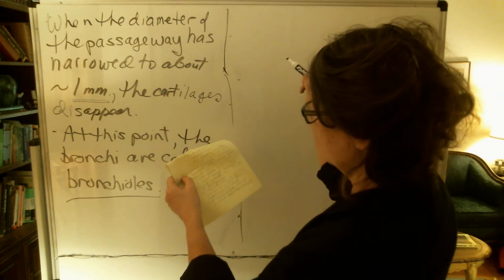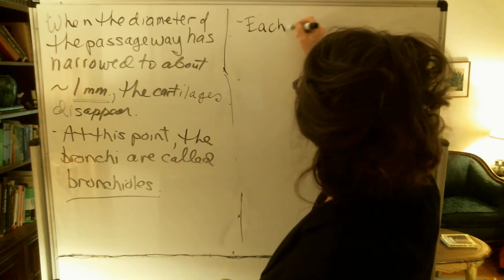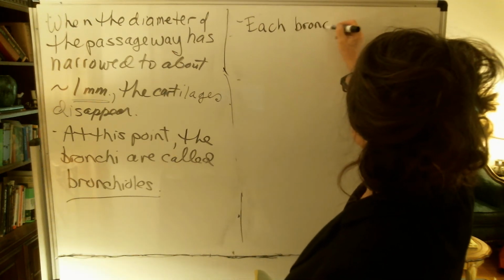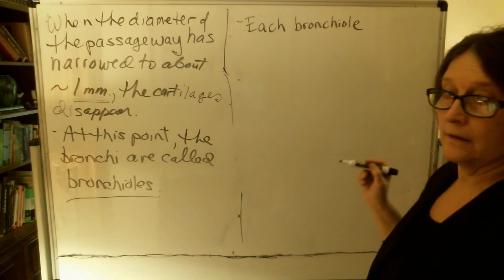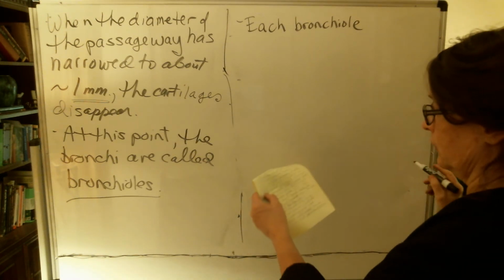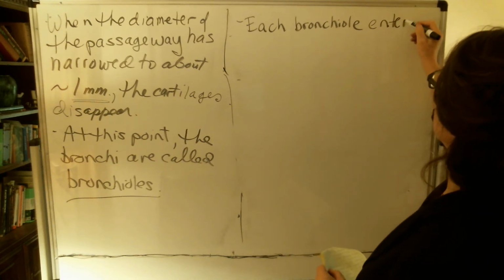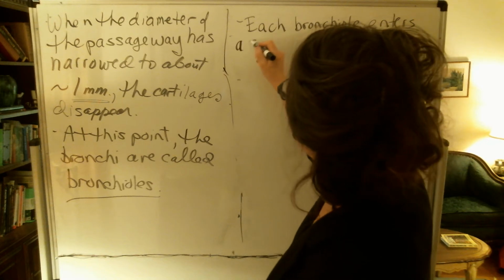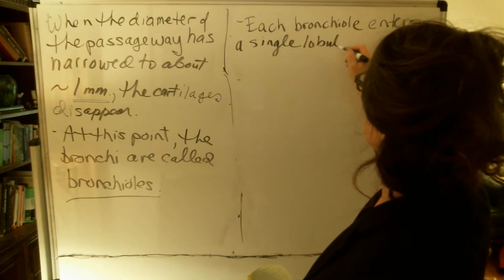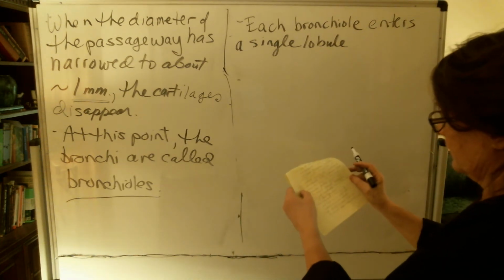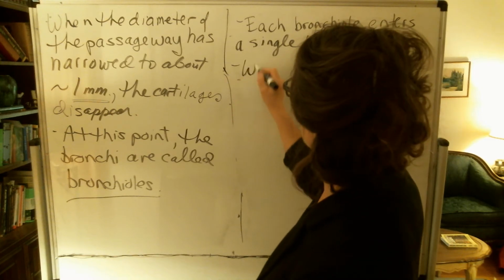Okay, so each bronchiole, now these small without cartilage air tubes, each bronchiole enters a single lobule of the lung.